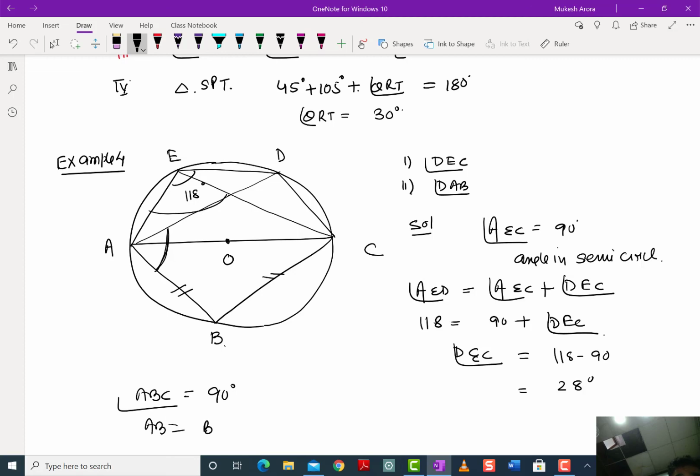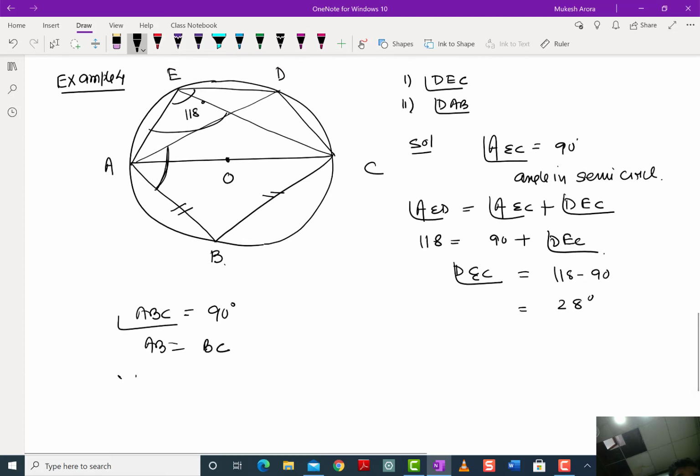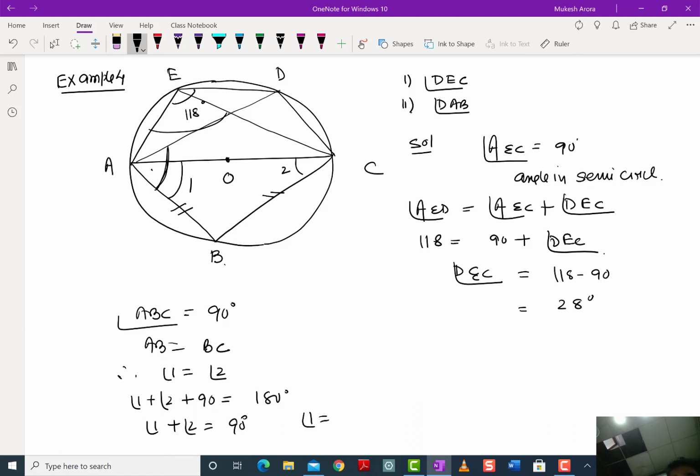AB is equal to BC. Therefore, this is 1, this is 2. Angle 1 is equal to 2. So angle 1 plus 2 plus 90 is equal to 180. So angle 1 plus 2 is equal to 90. So angle 1 is equal to 2 is equal to 45.